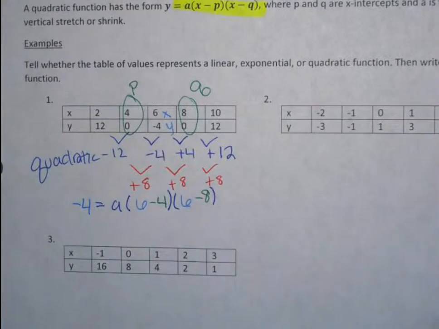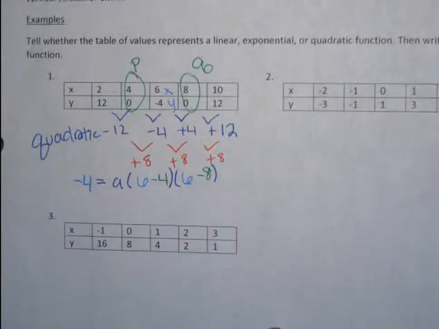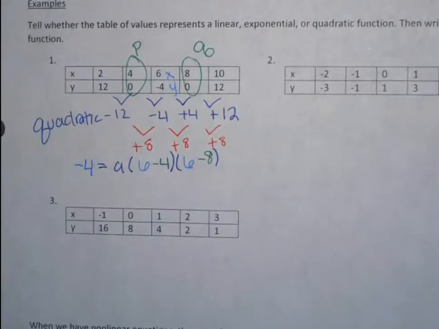Okay. Questions on how I plugged it in? What I'm trying to do here is I'm trying to find my a value so I can actually write the equation. Okay, so then what is 6 minus 4? 2.